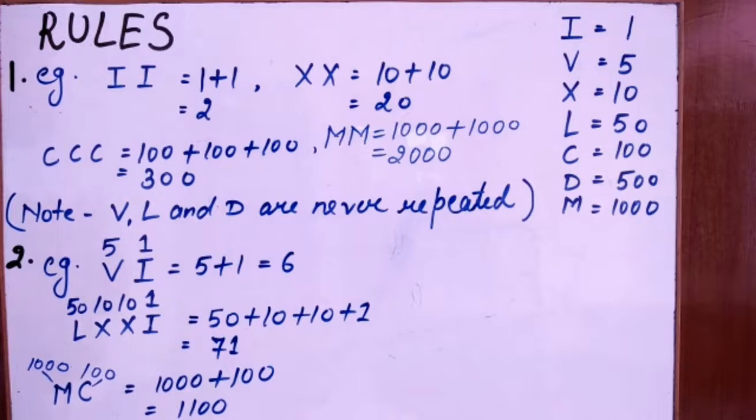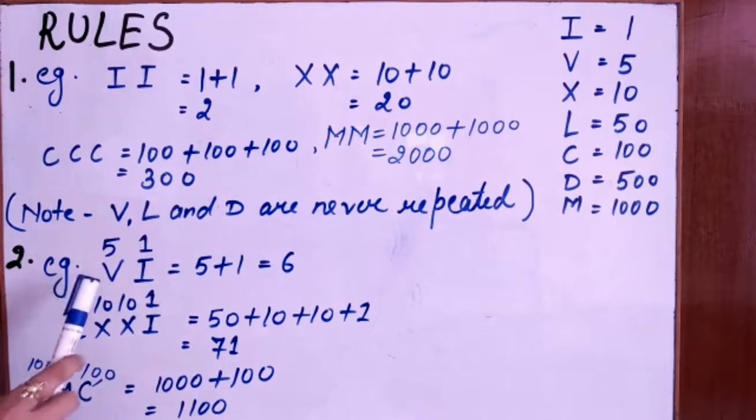The second rule is whenever a letter of smaller value is written to the right of a letter of greater value, the values of both the letters are added. It means if letters are given and a letter of smaller value is written to the right of a letter of greater value, in that case we will add the values of the letters.